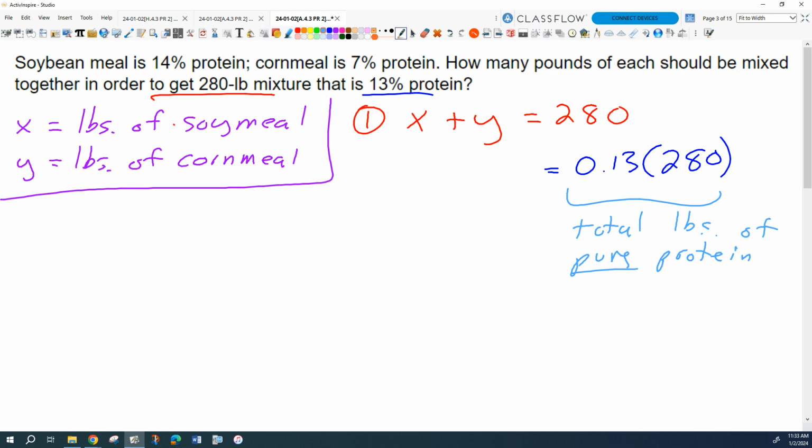What you guys already told me. What represents the total weight of the soy meal? X. There you go. Okay. So isn't that part right there, 0.14x, the pure protein from the soy meal? Everybody agree? Okay.